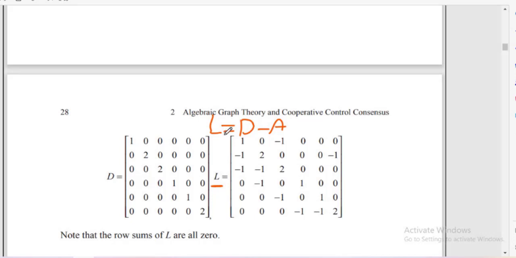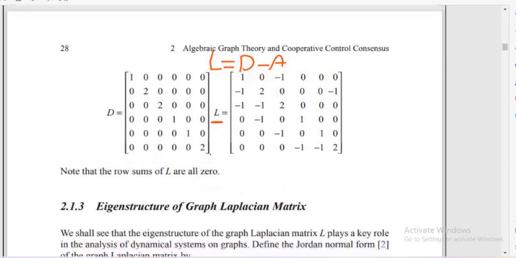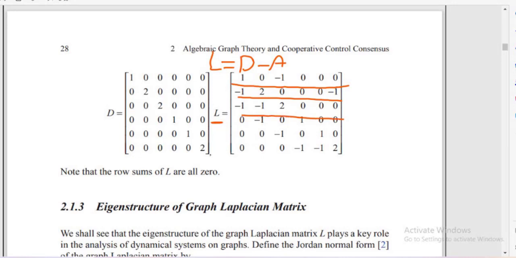The Laplacian matrix has some properties. In all of the rows, the sum in all rows, for example, 1 minus 1 equals 0, minus 1 plus 2 minus 1 equals 0, minus 1 plus 1 equals 0, minus 1 plus 1 equals 0, minus 1 minus 1 plus 2 equals 0.